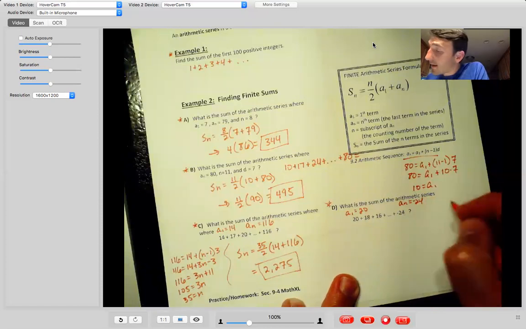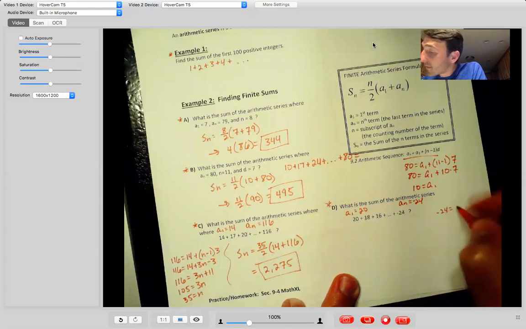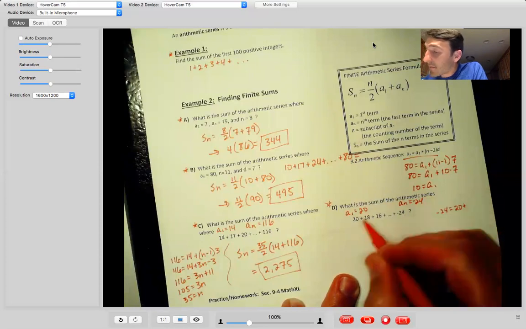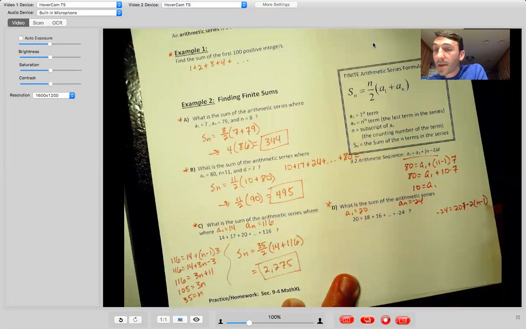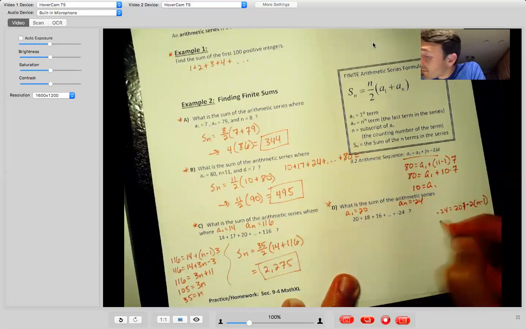Okay, so negative 24 equals 20 plus, what's my common difference? It's negative 2. So we could write minus 2 times the quantity n minus 1. And then we're going from there.